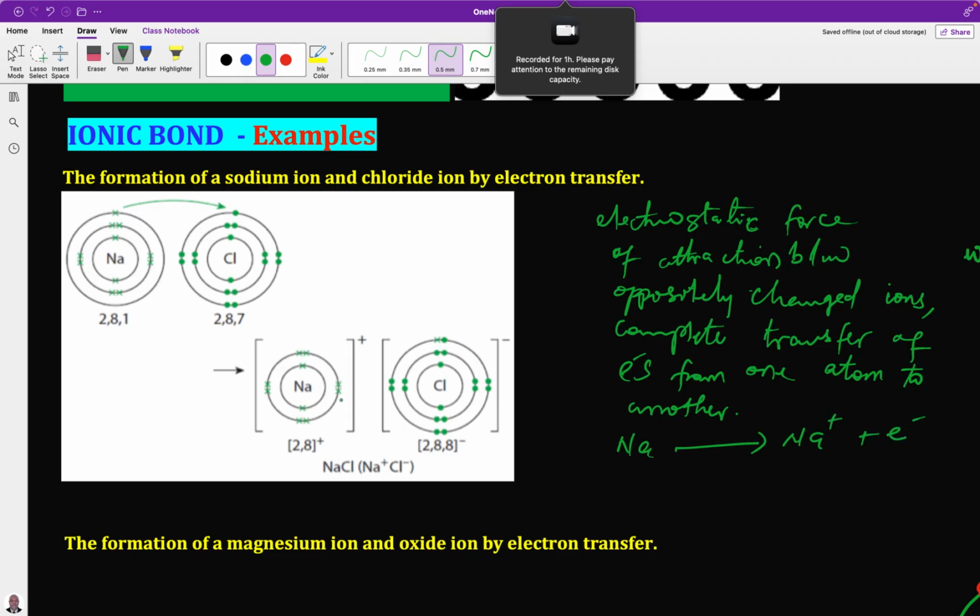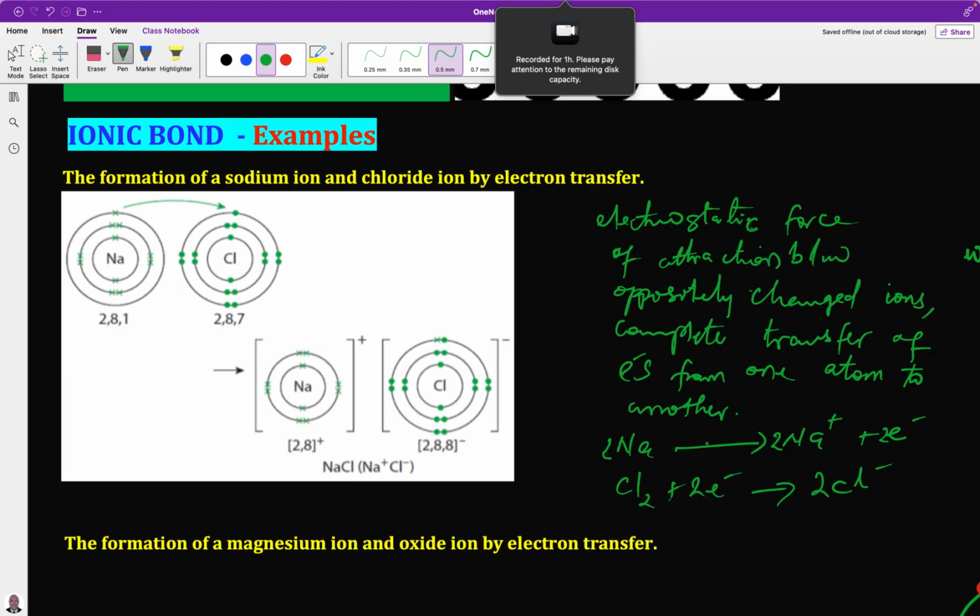And the chlorine will accept the electron to become a chloride ion. So that is what happens. If we were to balance it, in order to cancel out the charges, it's 2 here.